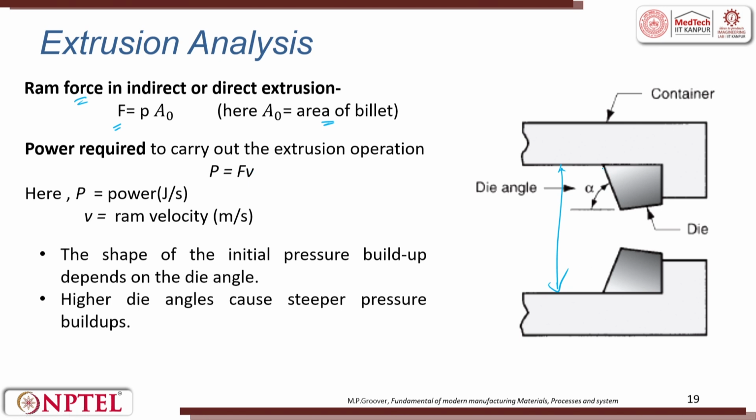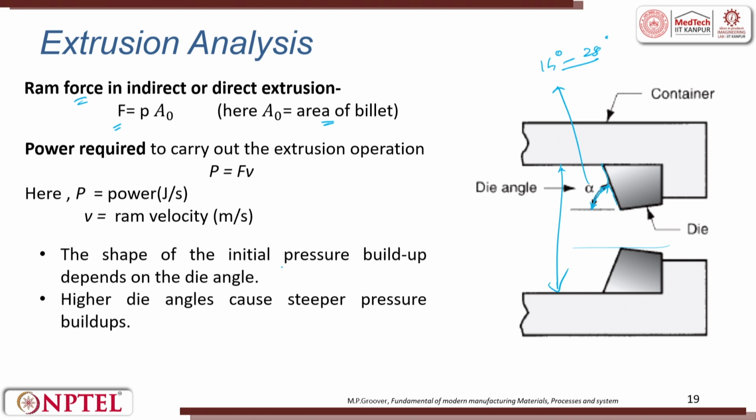So, if you look at the die, there is an angle which is very important for the material to flow. This is called the die angle. It can vary from maybe 14 degrees to 25 degrees depending upon your need.